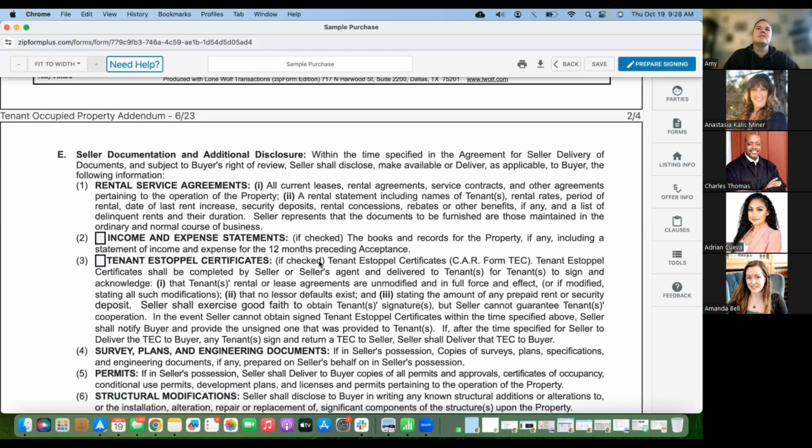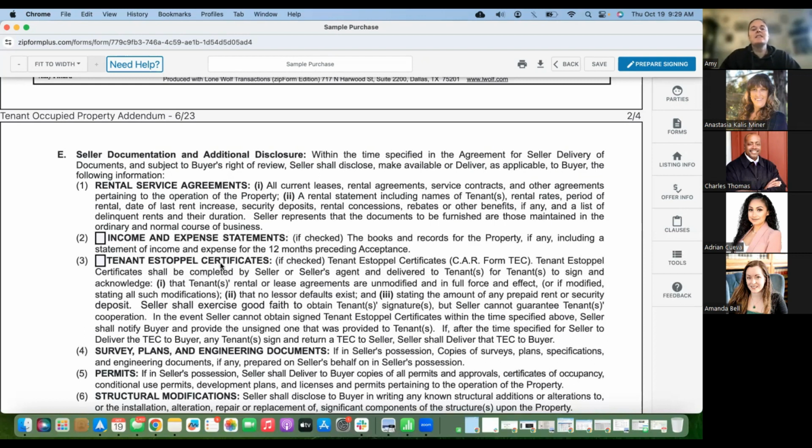Or the buyer could turn around and say, hey, based on the documents, we request that the seller serve notice to the tenant in the unit based on their delinquency, right? So there's a lot of options there that could fall underneath that seller documentation and additional disclosure.